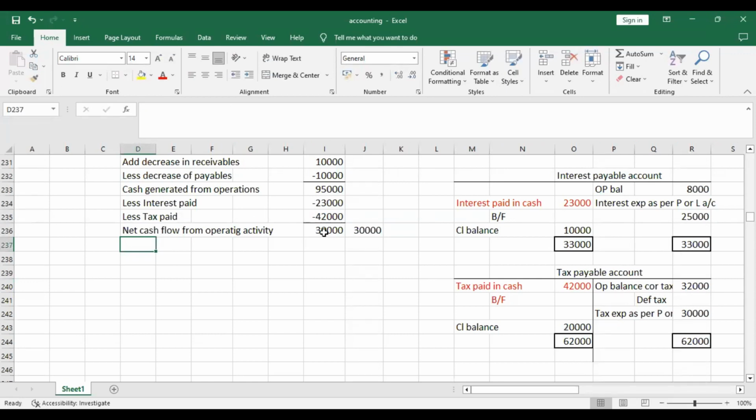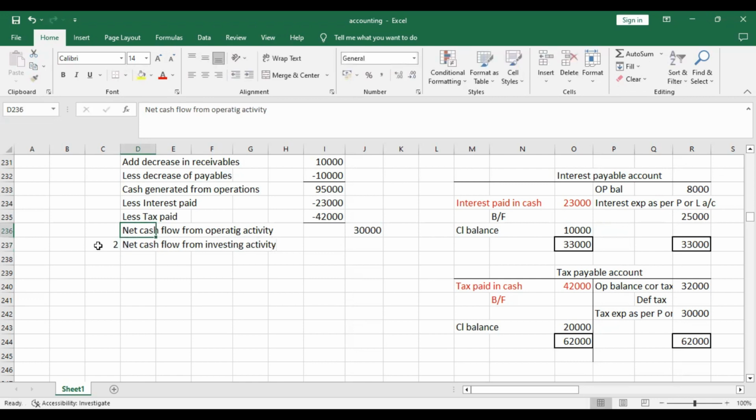Let you put it in the outer column. Then what is the second element you have to look into? The second element is called net cash flow from investing activity.